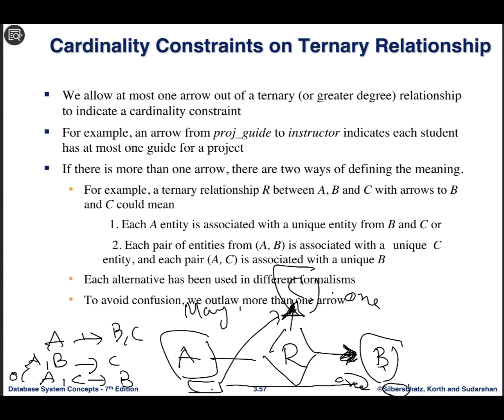So in this case, you're going to say one instance from A, B can be associated uniquely with one instance from the entity set C. I'm not going to confuse you here, but if we have a ternary relationship, we limit the number of the arrows to only one. So one of them is going to have the one side. Otherwise, we cannot interpret this one correctly.